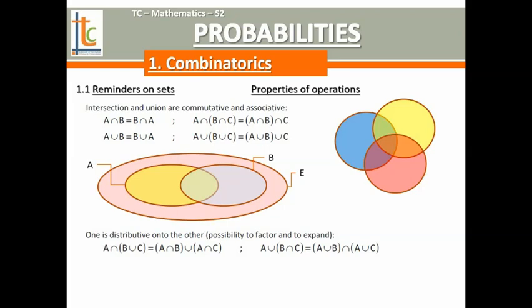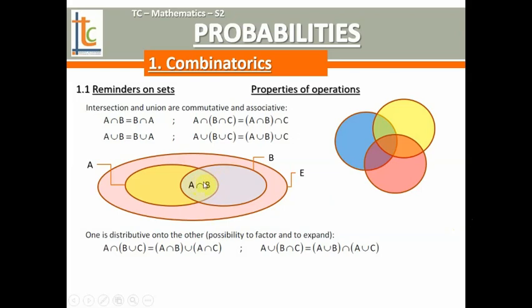And you have to be able to name every area that has been created in this scheme. There are 4 areas that are well divided, that have no common elements between them. So the very central area is the set of the common elements of A and B, let's say women that are more than 18 years old.